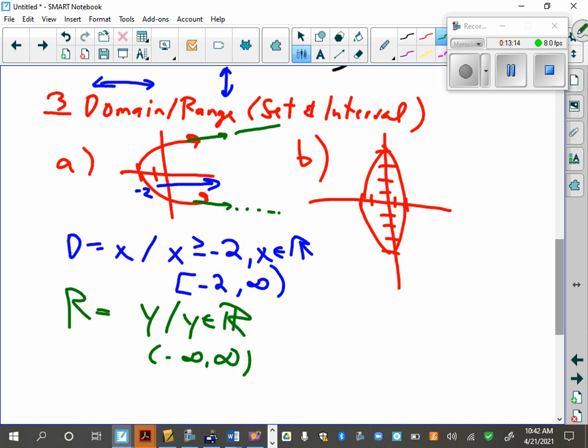Domain. All values of x such that it goes from negative 2 to 2. So how do I write down all numbers from negative 2 to 2? I write them with less than or equal signs, and hopefully you're getting the hang of that by now, which is way more complicated than that. I think everyone agrees.